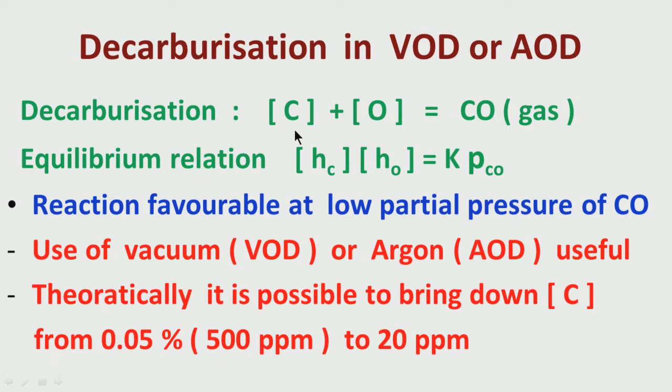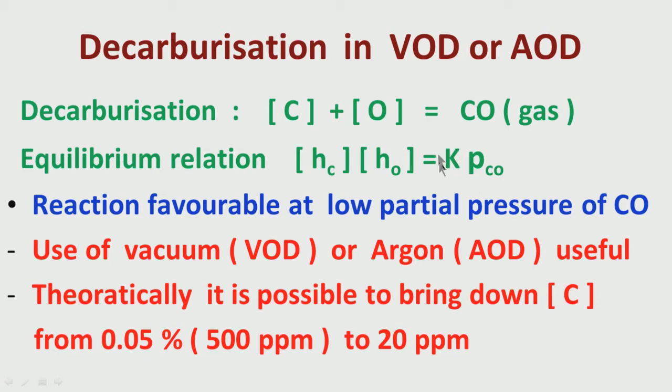Since carbon and oxygen are present in very small amounts in liquid steel, the Henrian activity is equivalent to weight percent, so Henry's law is valid. So the Henrian activity of carbon multiplied by the Henrian activity of oxygen is equal to the constant times the partial pressure of carbon monoxide.